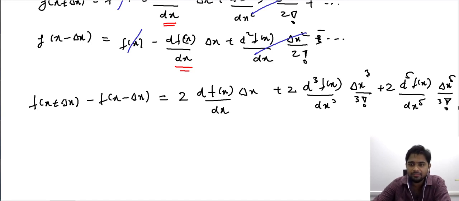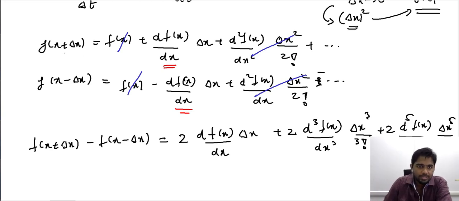All that we have done is we have considered the Taylor series expansion of f of x plus delta x and f of x minus delta x, and then we have subtracted these two, that is f of x plus delta x minus f of x minus delta x.